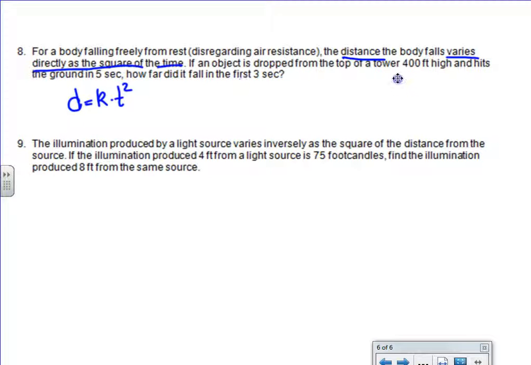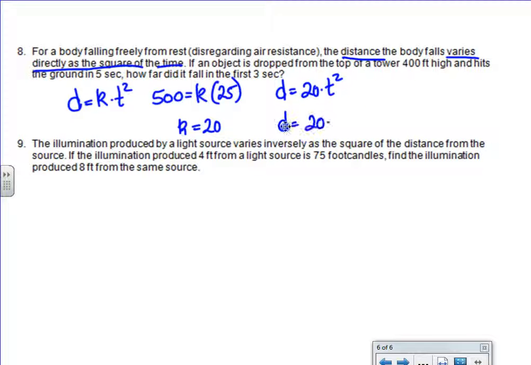So it's dropped from 400 feet and then hits the ground in 5 seconds. So the distance it fell was 500. The time was 5 seconds, so 5 seconds squared is 25. And I know I should be able to do that, but I can't right now. Its k is 20. So my new equation is 20 times the time squared. So how far did it fall in just 3 seconds? So 20 times 3 squared, which is 9, which is 180 feet.